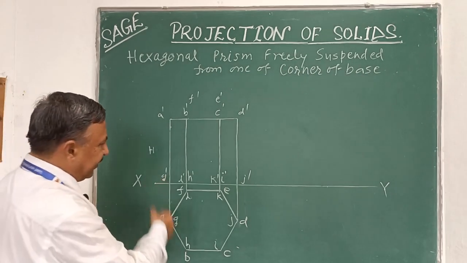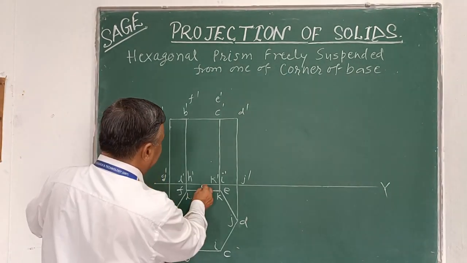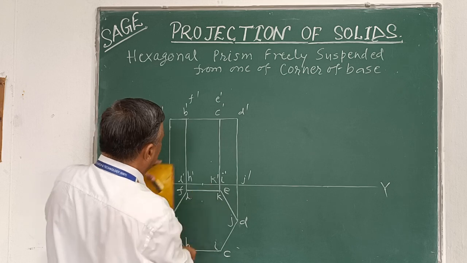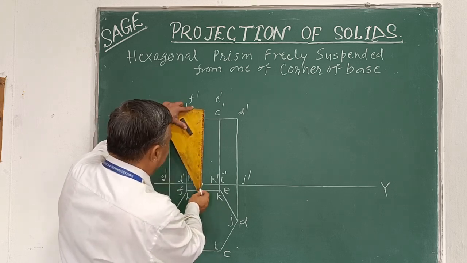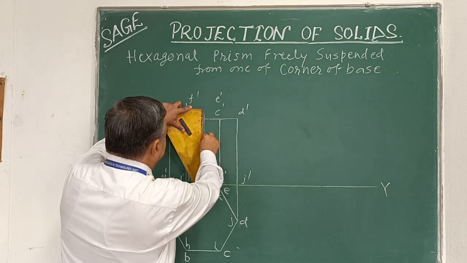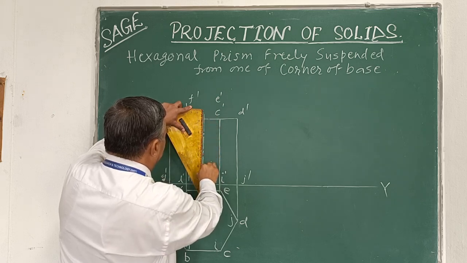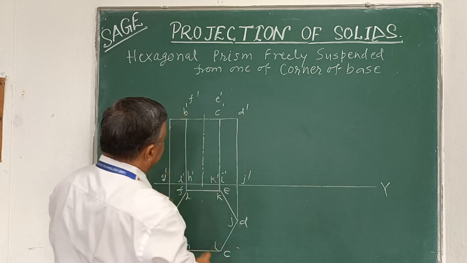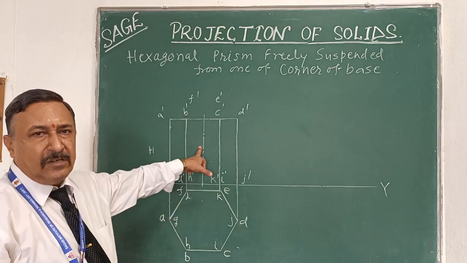Okay. If we want, we can draw the axis of the solid also at the center. So we get at the center, this is the axis of the solid.